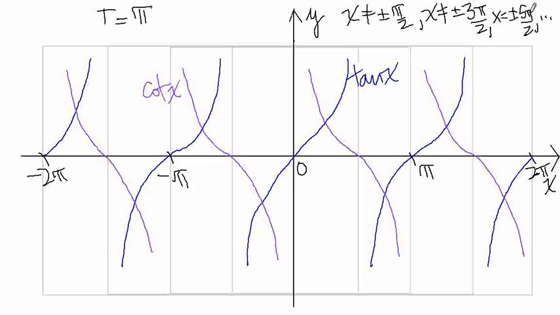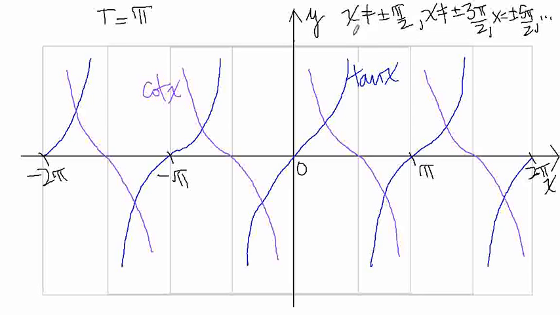Now, the cotangent. The curved segments of the cotangent function don't include the points with x equal to plus or minus pi, nor plus or minus 2 pi.